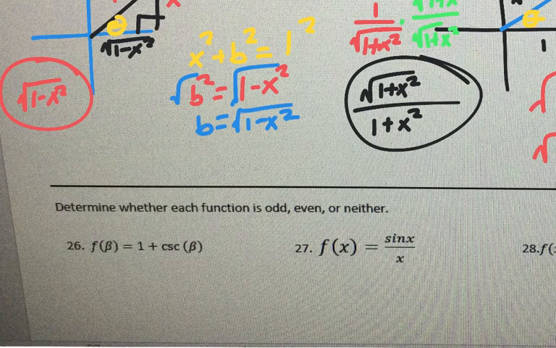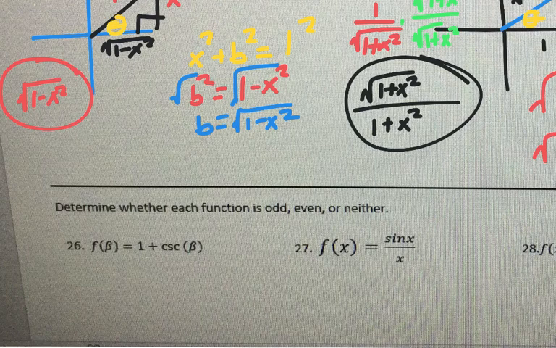Okay, so again, this is a throwback to what we were doing in Algebra 3 in the first half of pre-cal, where we were asked if a function was even, odd, or neither. So if you remember, even means the graph was symmetrical with respect to the y-axis. That means I could fold it over the y-axis and I would get the same thing on either side.